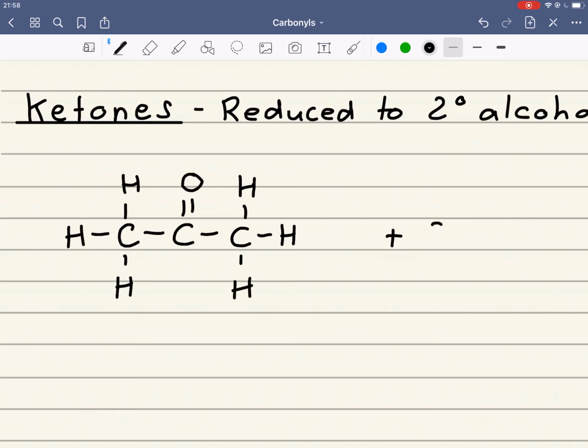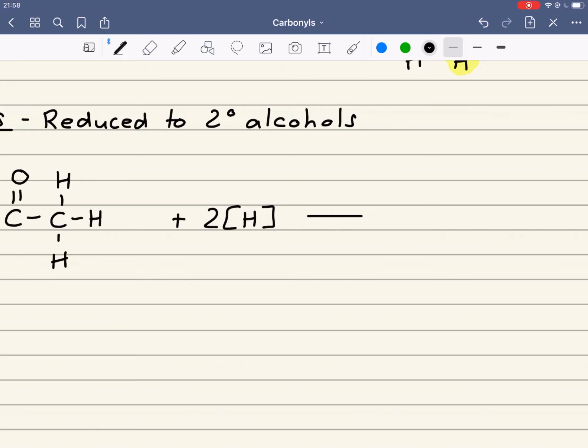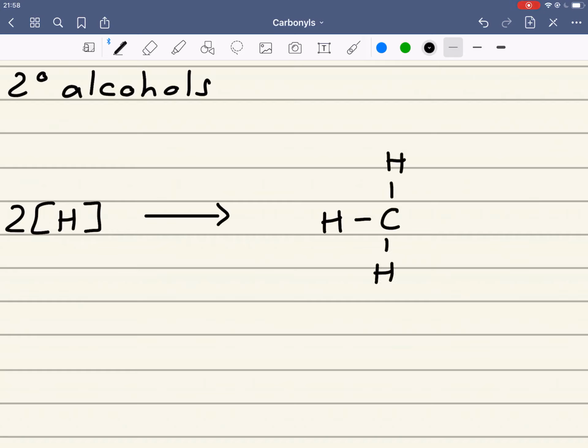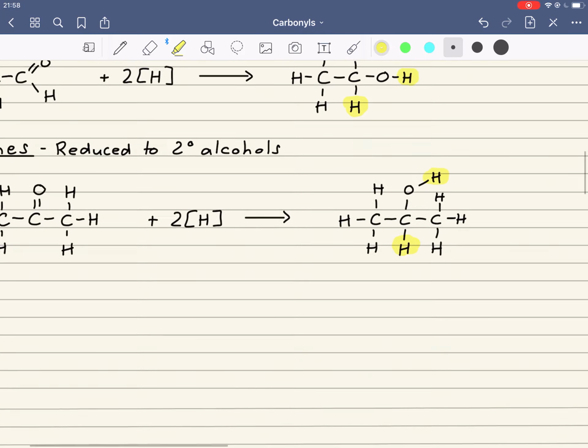And again, we need two H in square brackets, and we're going to add one of the hydrogens here, the other hydrogen here. And that's going to give us the following product. And I've added my hydrogen here and my hydrogen there.